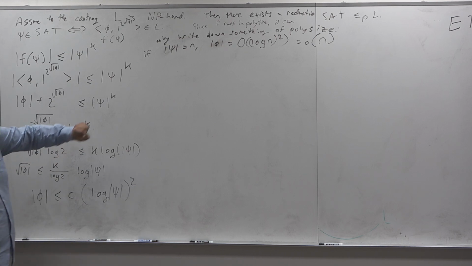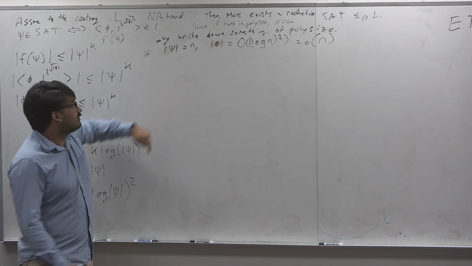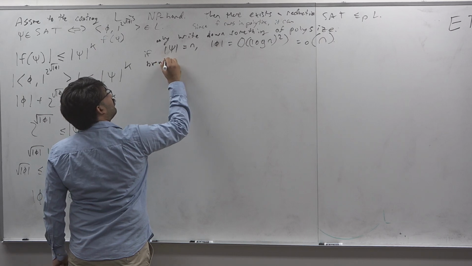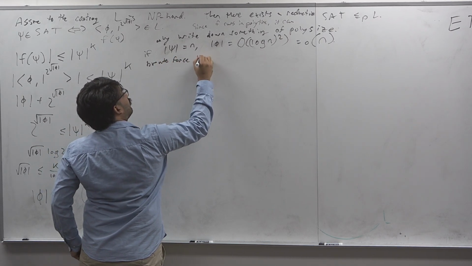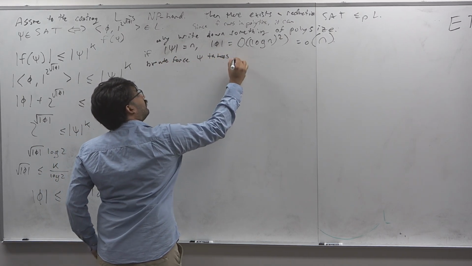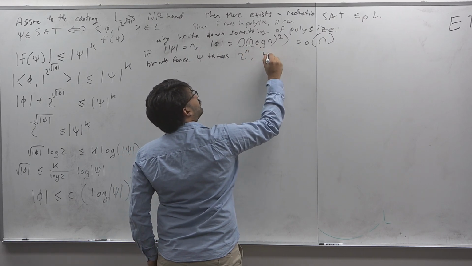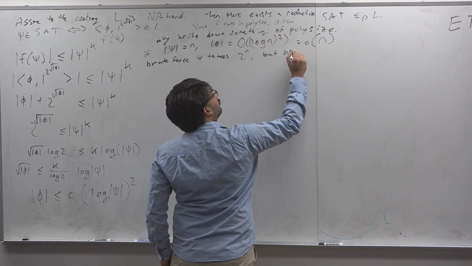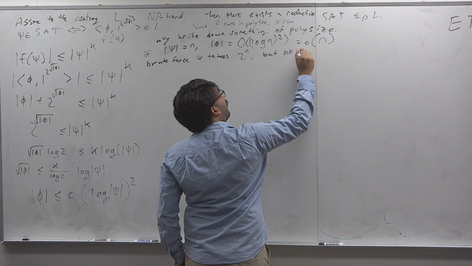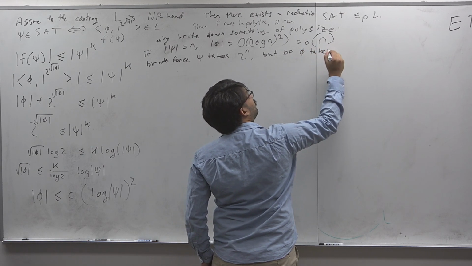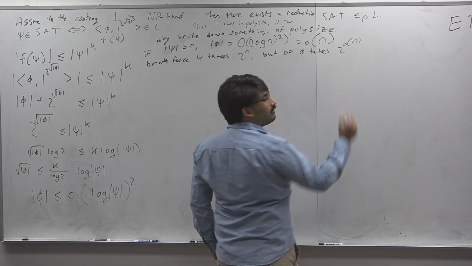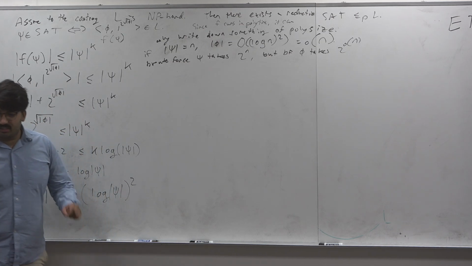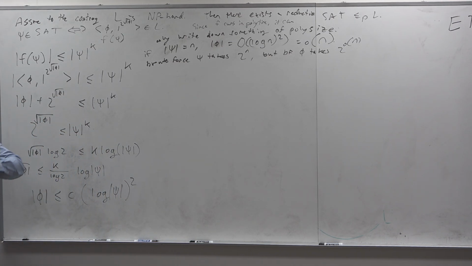So in fact, brute forcing phi takes something less. It's faster to brute force phi than it is to brute force psi. But phi is satisfiable only when psi was, by the reduction.